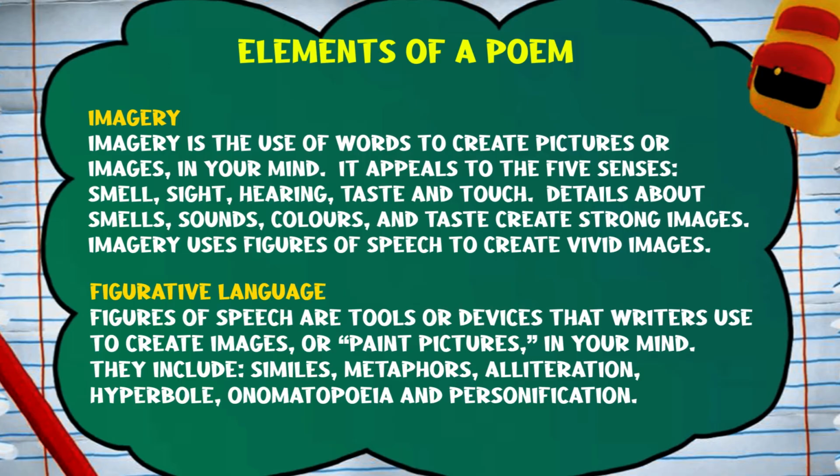Now for figurative language. Figures of speech are the tools or devices that the poet uses to create images or paint pictures in your mind as well. They include similes, metaphors, alliteration, hyperboles, onomatopoeias, and in many cases, personification.